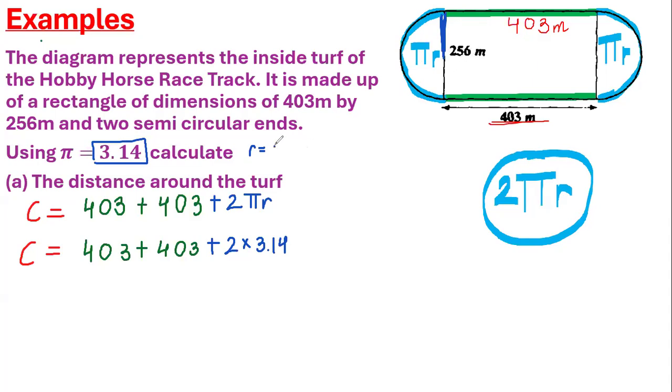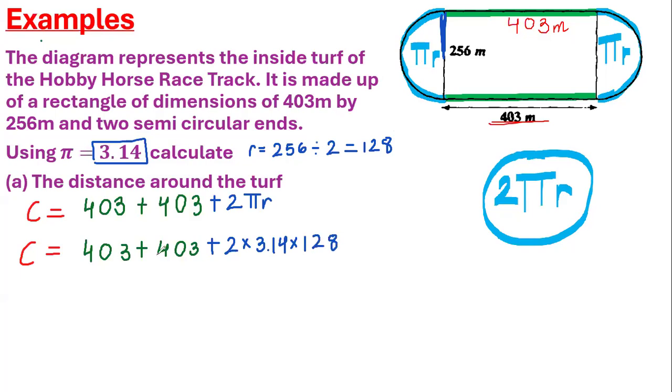What is half of 256? 256 divided by 2. 128, yeah, 128 is correct. It's gonna be 128. This is multiplied by 128.